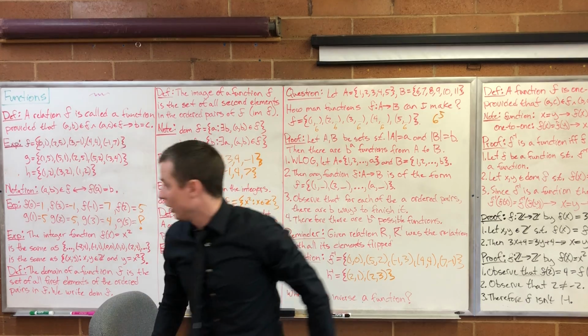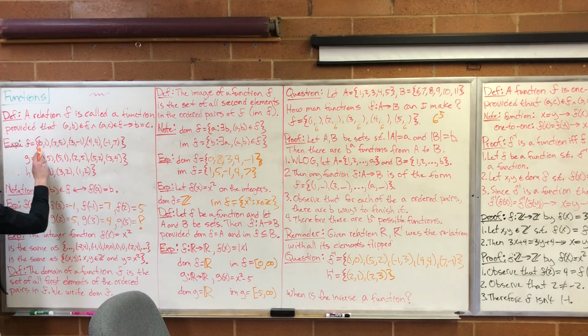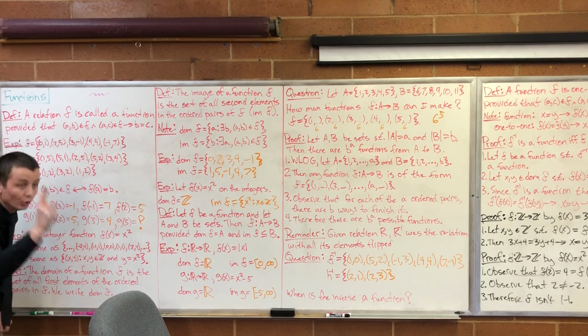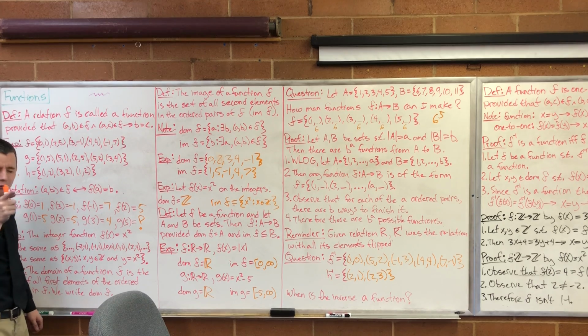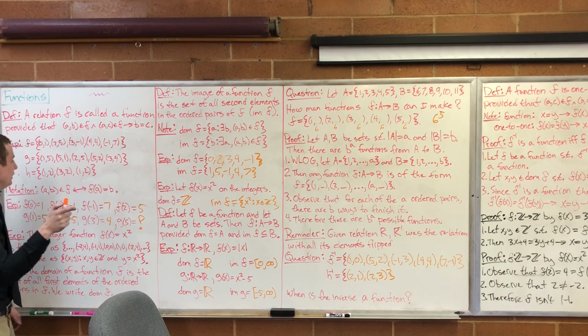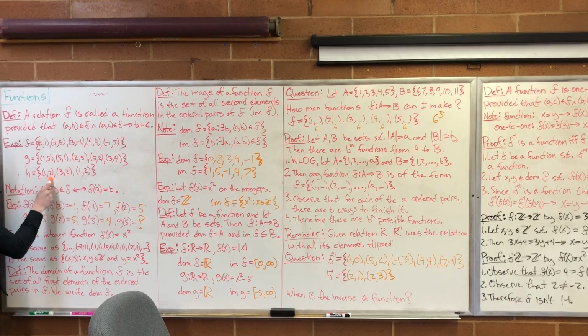We know it's a function if every left-hand element is paired with only one right-hand element. And we know that the inverse will be a function if every right-hand element is paired with only one left-hand element. Notice here, that wasn't the case. We had the right-hand element 2 paired with 3 and the right-hand element 2 paired with 1, so the inverse didn't work.